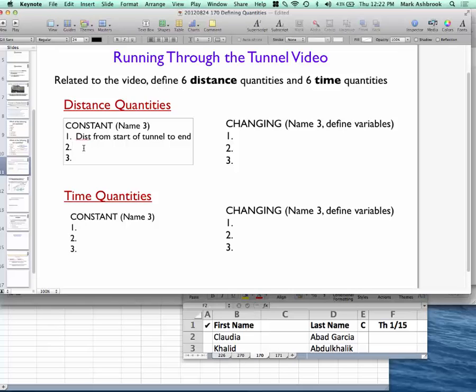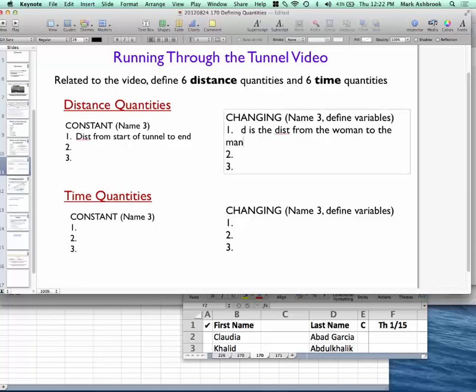All right. How about a changing one? So did you think of a changing distance quantity? The distance from the woman to the man. All right, what do we want to call that? Let's just call that little d. So we'll say d is the distance from the woman to the man.